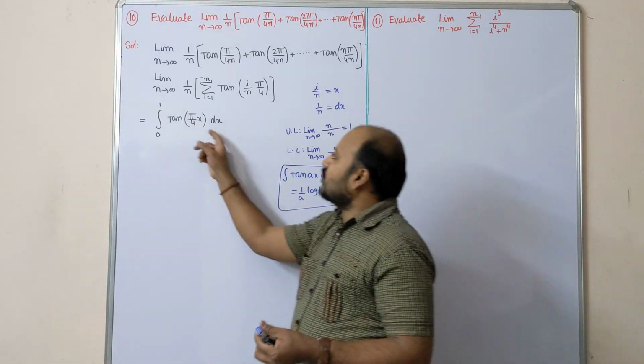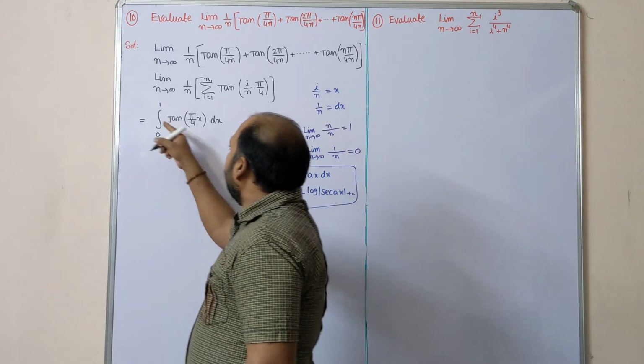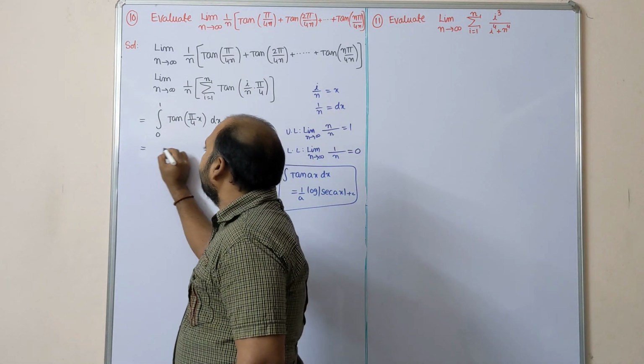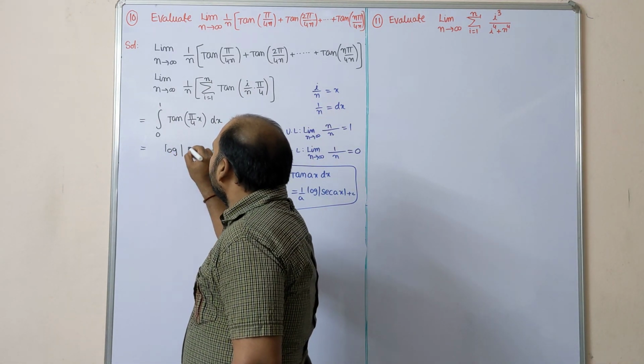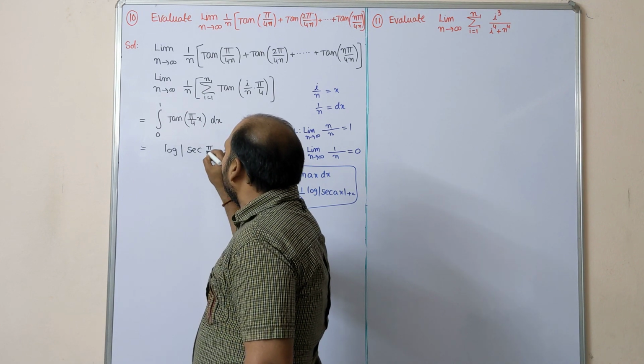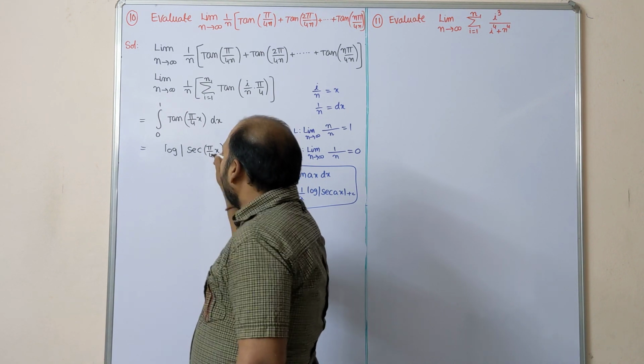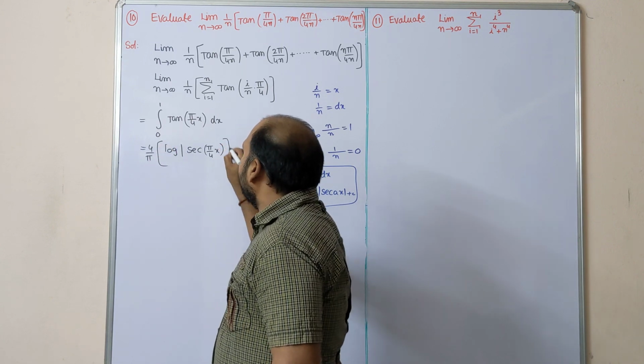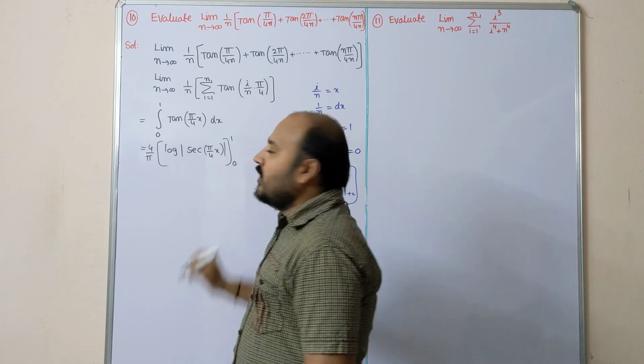Here also the x coefficient is pi by 4. So integral 0 to 1 tan pi by 4 x is log mod secant of pi by 4 x divided by pi by 4, which is 4 by pi, applying the limits 0 to 1.